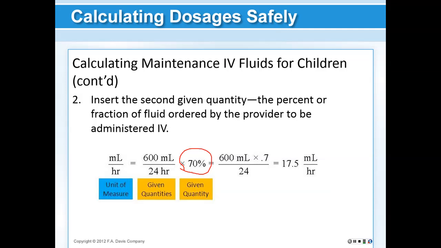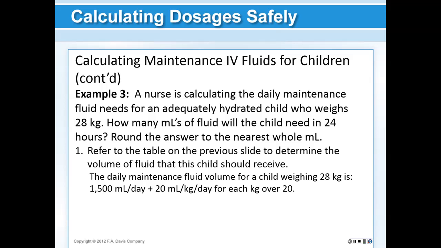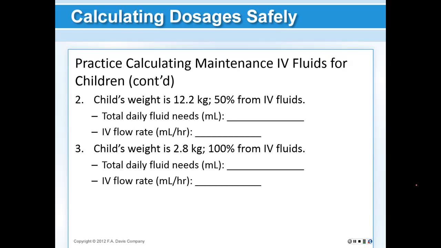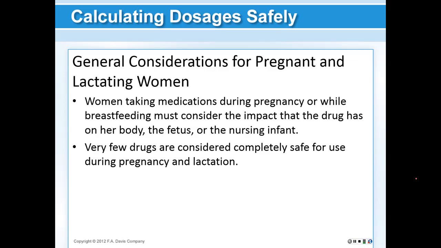So we would count that they'll maybe be able to drink 30%, but we still need to provide the majority of fluids through the IV. So that would be an example of what that percentage would be. So I will let you work out those problems, and I'll also have the answers to these practice questions posted by this weekend. So let's move on to talking about just a little bit about pregnant and lactating women.